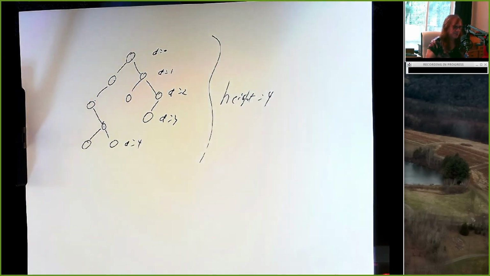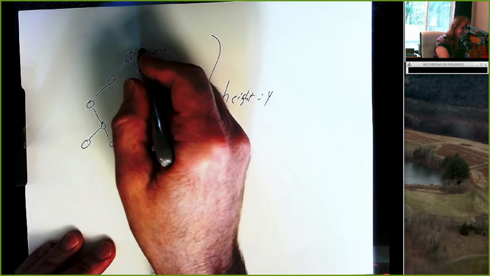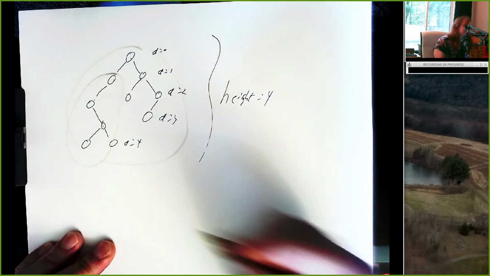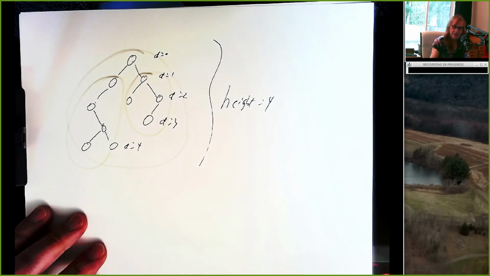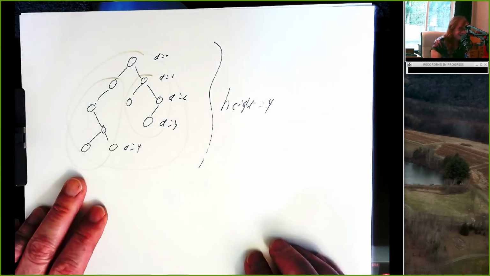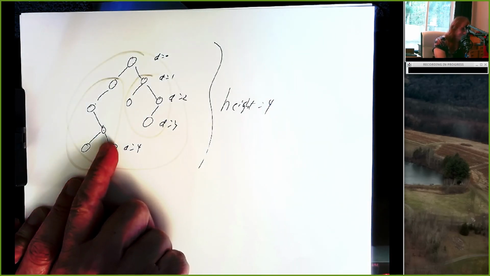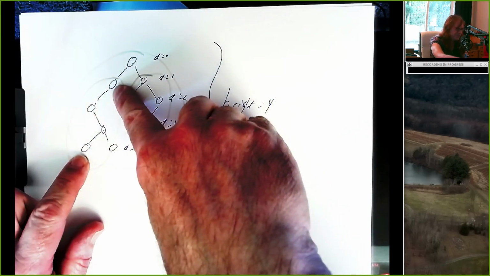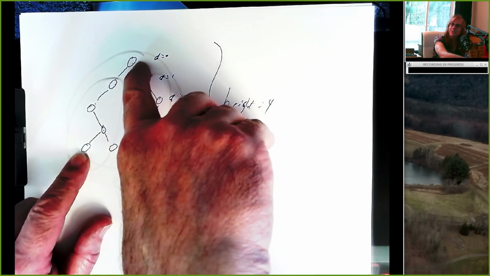But there's another way we can think of height. Here's my original tree. There's 2 subtrees. There's a tree over here, and there's a tree over here. And whichever one of these trees has the biggest height, the height of the original tree is 1 more than the height of that subtree. Because the distance from the root of this subtree to any node is exactly 1 less than the distance from the original root to any node in that subtree.